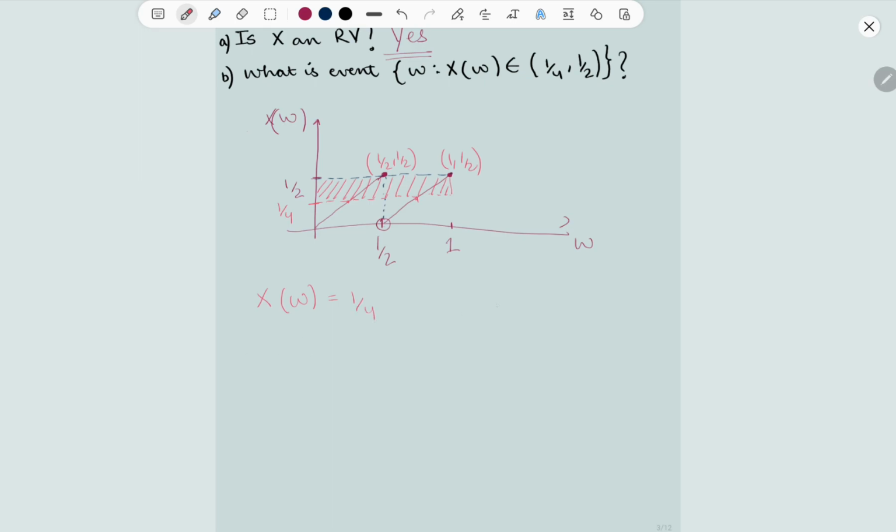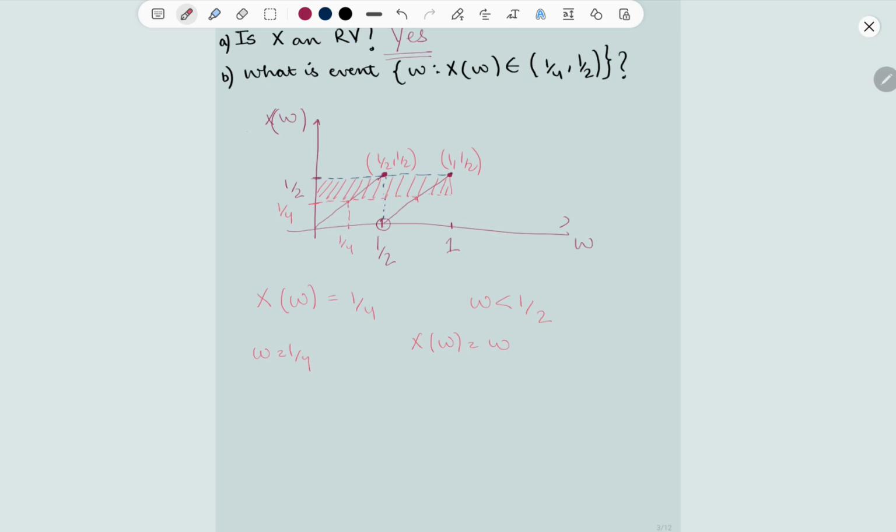We know that for omega less than 1/2, x(omega) equals omega. So here the omega will be 1/4. So from this we get the value 1/4 here.